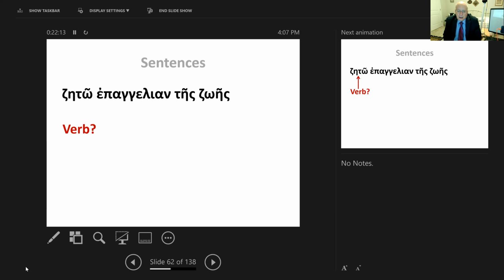Notice epangelian, an is in the accusative singular case, so I am seeking a promise. I don't have an article, so I'll translate a promise in English. I am seeking a promise, tēs zōēs, of life. You could translate of the life, but this is the case of a generic noun, which in English simply would be translated life. I am seeking a promise of life, not of the life, because life is general. It's not specific.